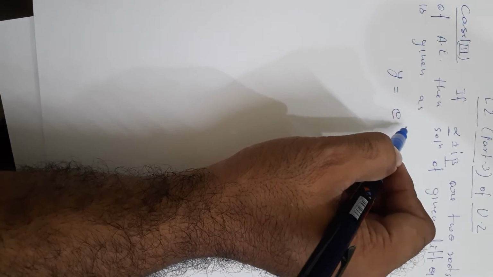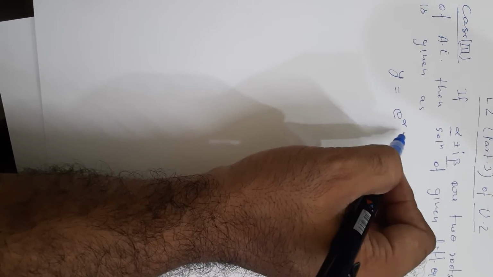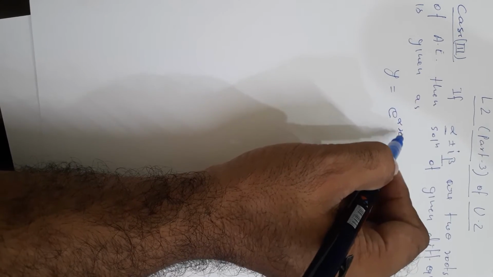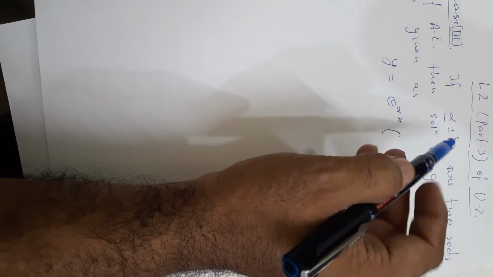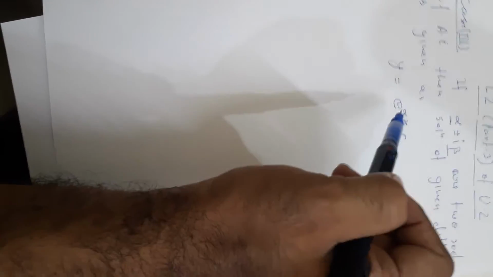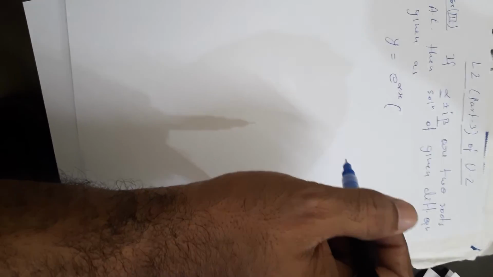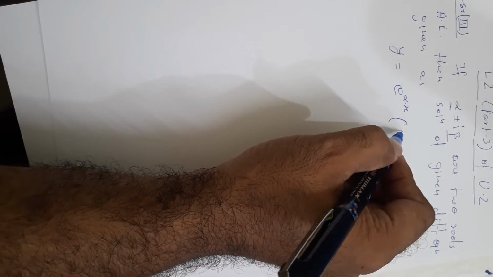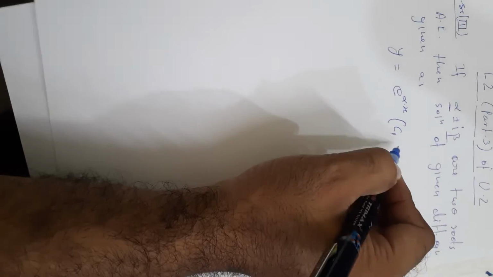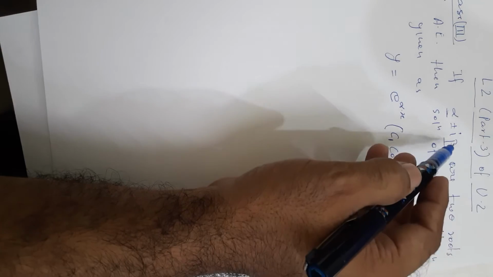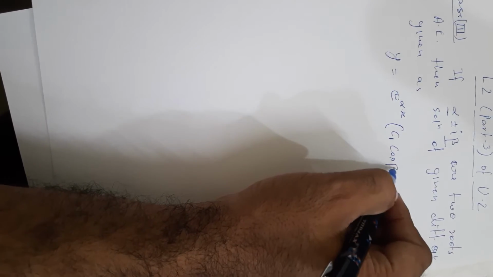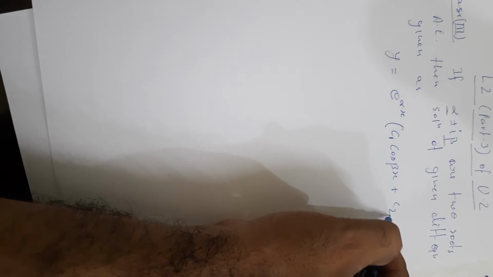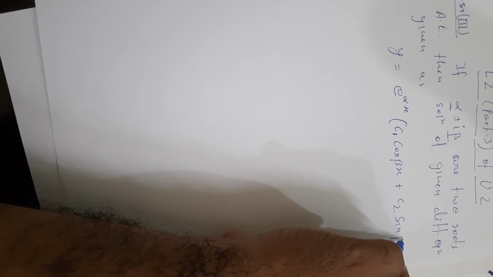So we write e to the power alpha x, and since we have two roots, the solution must contain two arbitrary constants: c1 cos beta x plus c2 sin beta x.